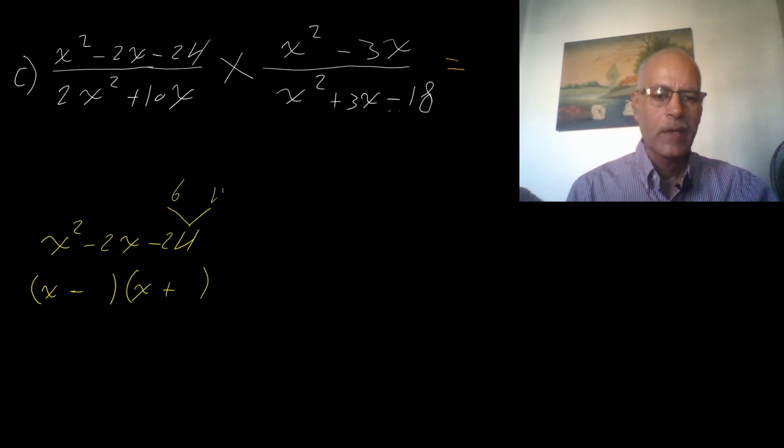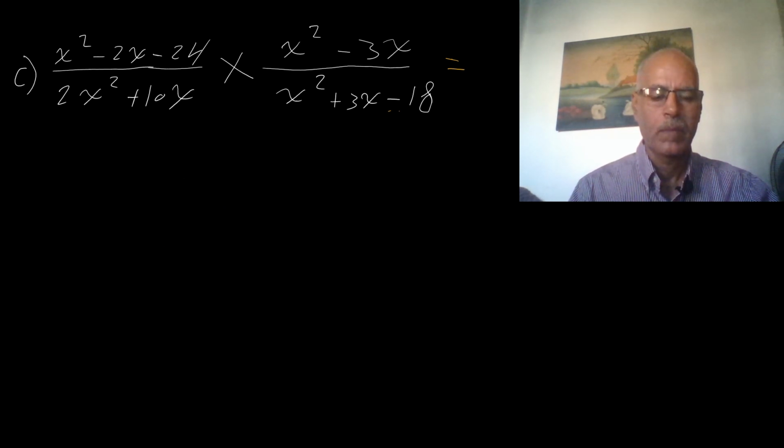It's 6 times 4, 6 times 4 equals 24. Sorry, 6 and 4. Let's make it negative.